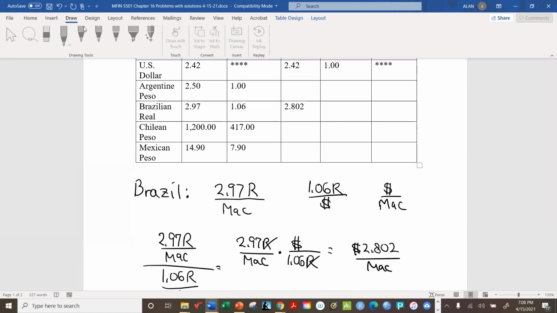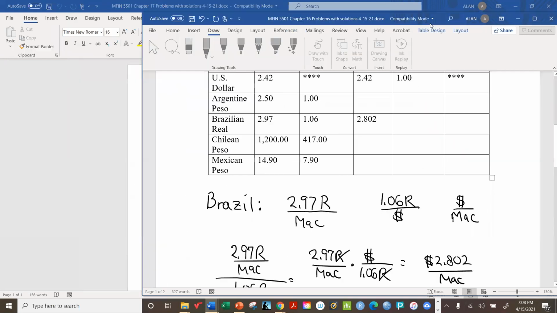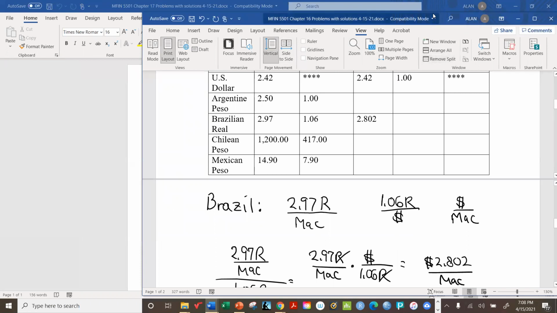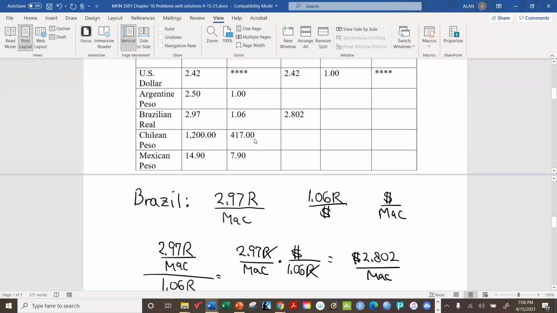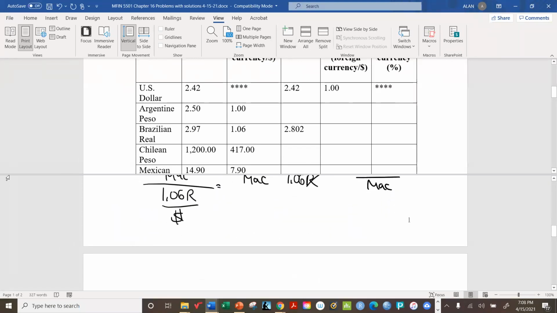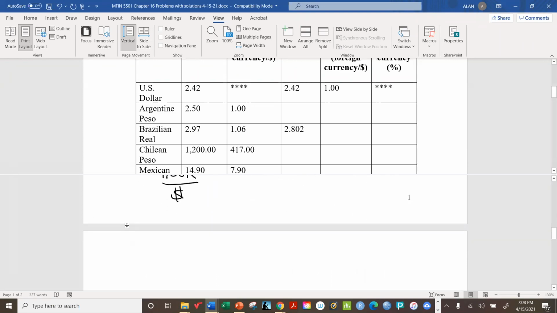So let's see. Let me split the screen so we can see everything. So why don't we try Argentina now? The thing about Argentina is it's a very simple case because of the peg of the peso to the dollar on a one-to-one basis.